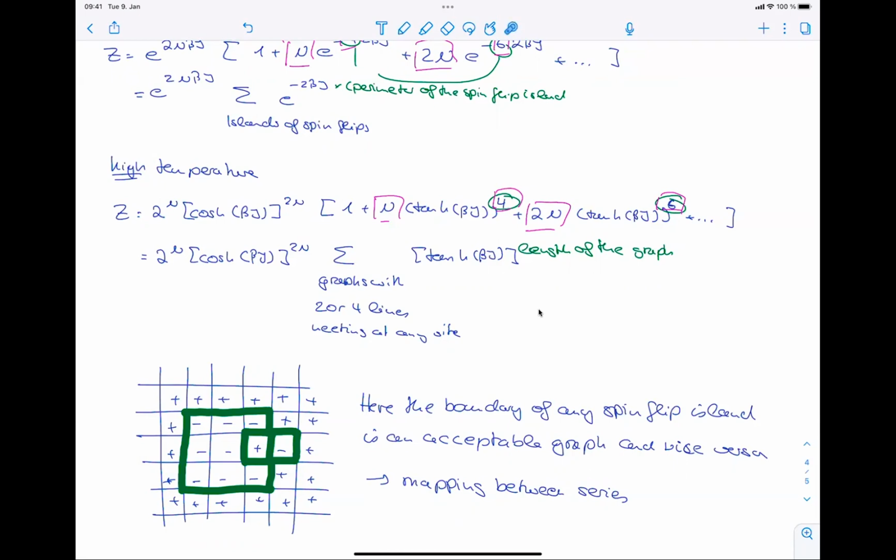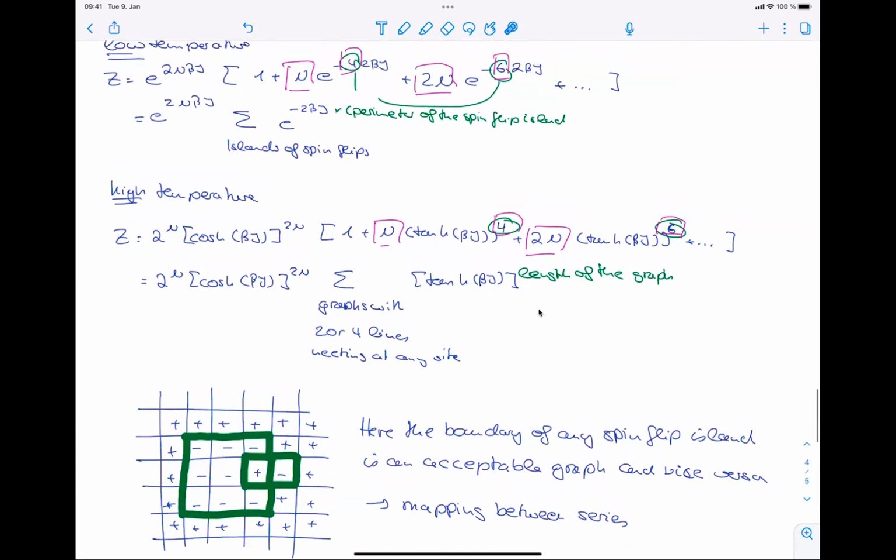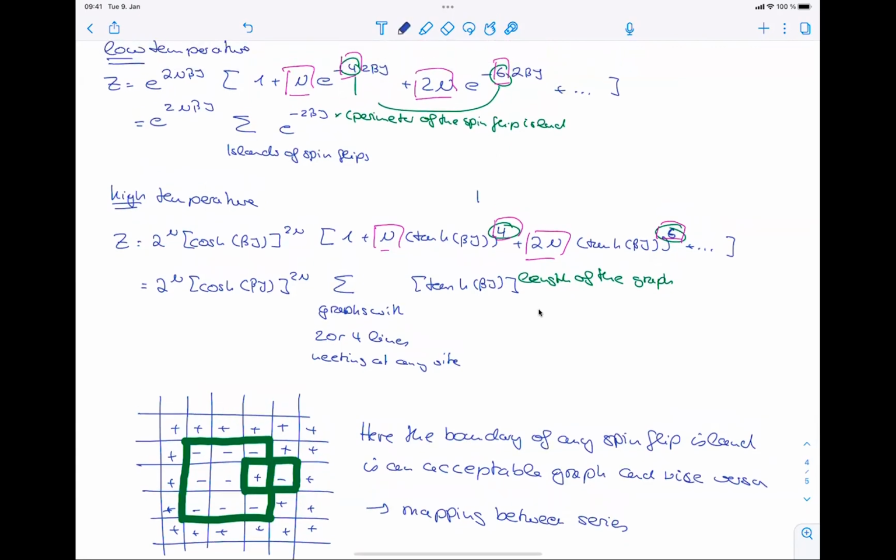So for the high temperature series, I'm just counting graphs. I don't think about spins. I'm just thinking about graphs. Like for example, because why 4? Because a loop is exactly this one, that's the 4. And that would be the 6.